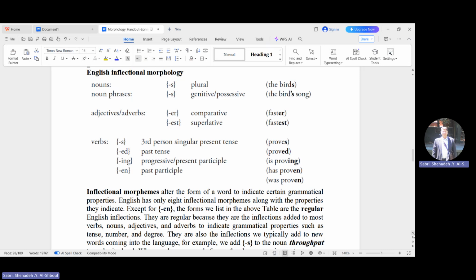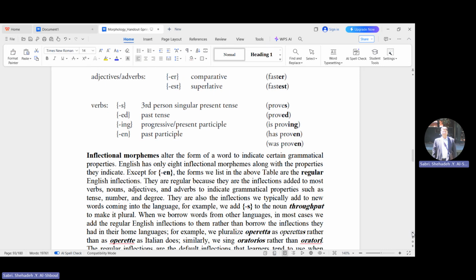With verbs we also have inflectional levels like -s, reflecting the third person singular present, like proves. -Ed reflects the past tense, proved. -Ing is the progressive or present participle, is proving. And finally, -en reflects the past participle, has proven, was proven.